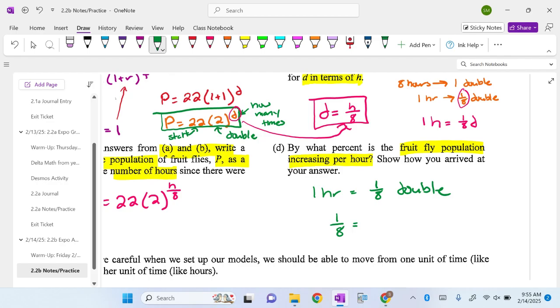So 1/8 as a decimal is 0.125. So what's that as a percent? 12.5%. So we're increasing by 12.5% per hour. That's how much we are increasing per hour.